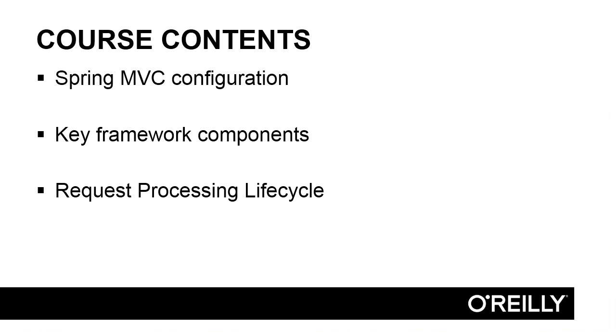The key framework components are things like controllers, view resolvers, views, handler interceptors. There's also request mappings, and there's data bindings, and there's a lot of components that we need to take a look at, and they all really make up the request processing lifecycle within Spring MVC. And really, that's what it's all about, taking in a request from a user and sending back a response.